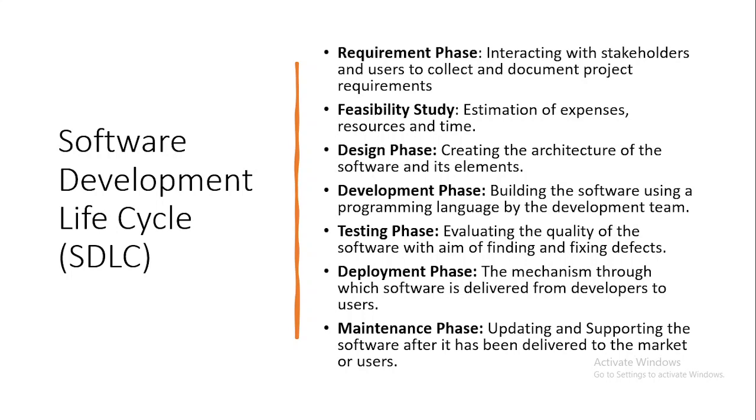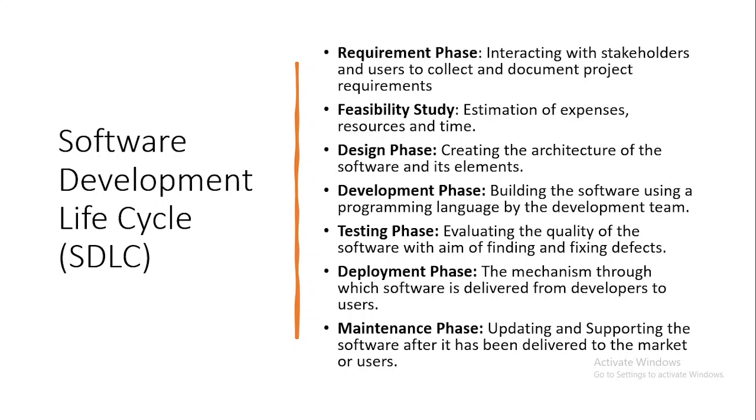After this feasibility study has been taken out, the third is the design phase. In the design phase, the developer team starts designing the architecture of the software. Let's say there's a website to make.